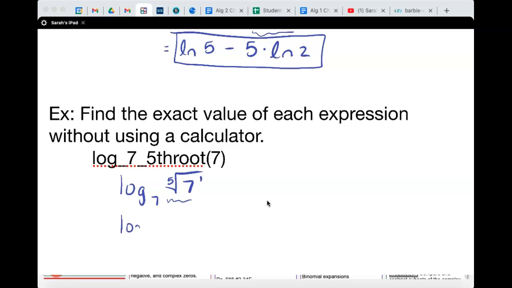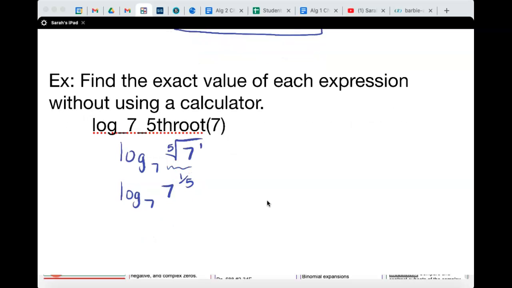So I still have log base 7, and I have a base of 7, but the fifth root and the 1 are used to create the fraction. Fifth root is always in the denominator. The power is in the numerator, so it's 7 to the 1/5 power. Same thing as the fifth root of 7 to the first. We have done this before, it's just been a while.